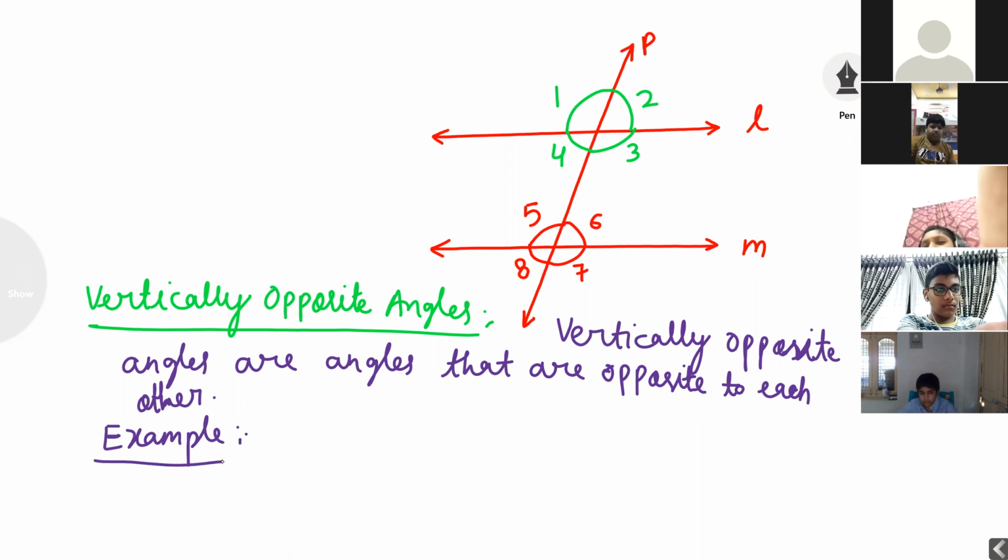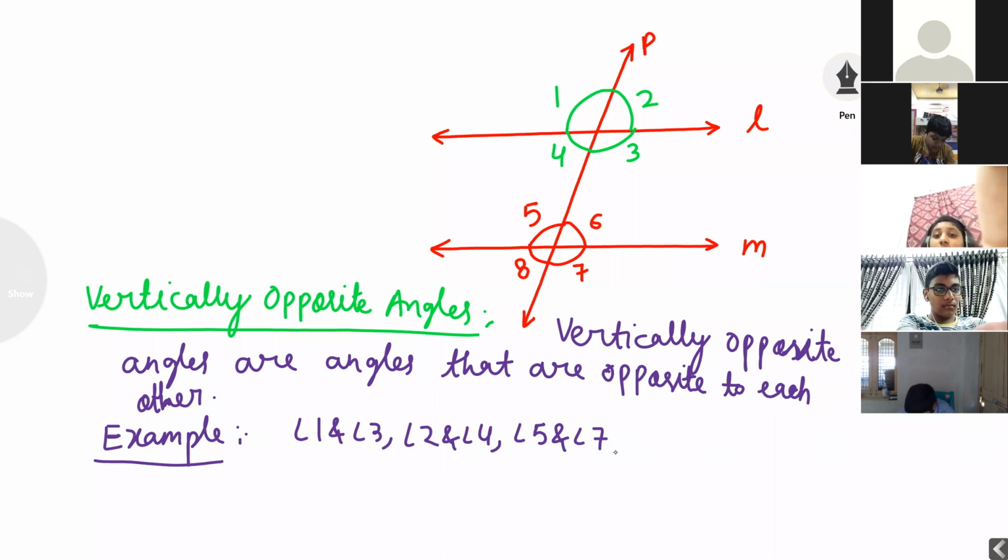Now in this figure you are observing, students, angle 1 and 3, angle 2 and 4, next angle 5 and 7, angle 6 and angle 8. Whatever concept we are learning, students, each and every concept has a property also.